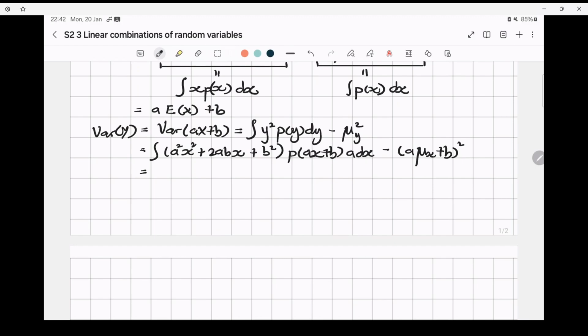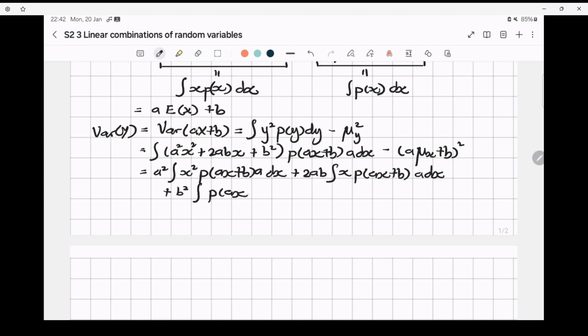So then what you have is a square x square p ax plus b a dx plus 2ab integrating x p ax plus b a dx plus b square integrating p ax plus b a dx.